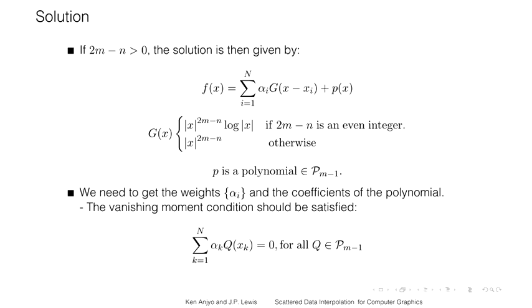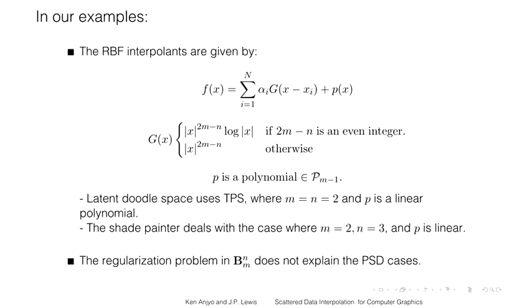Here, G takes such a form depending on the condition of 2m minus n, and P is a polynomial. Also in this case, we need to consider the vanishing moment condition as shown in the equation at the bottom of this slide. So let me explain a little more about the relation of the two conditions and the role of G(x).